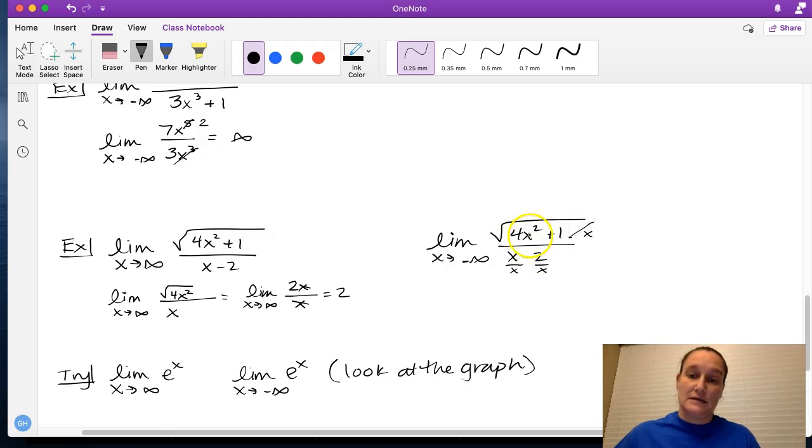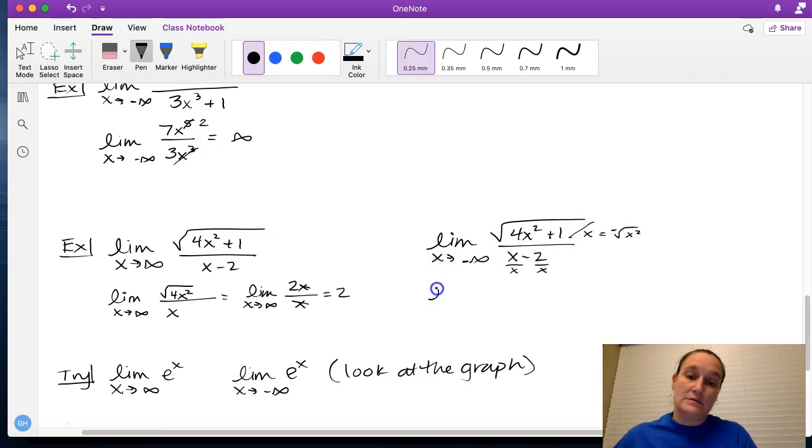To get this x inside the square root and be able to divide it, you have to write it as the square root of x squared. But this is positive. This x, since x is going to negative infinity, is actually negative. Even though we don't write negative x, it would be negative. So we have to actually put this negative here.